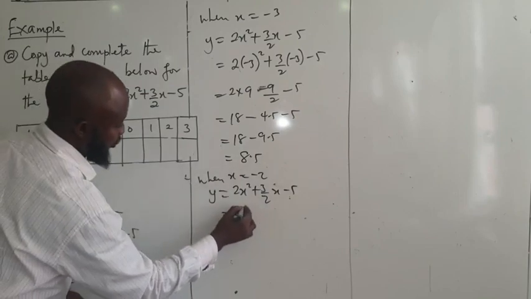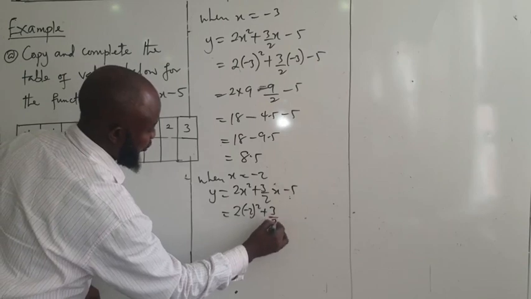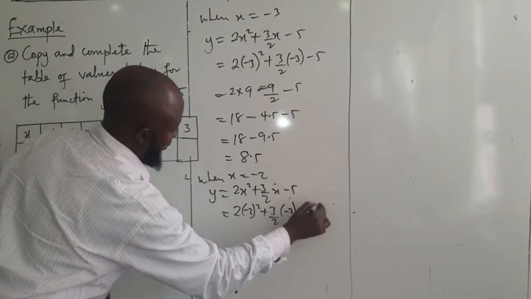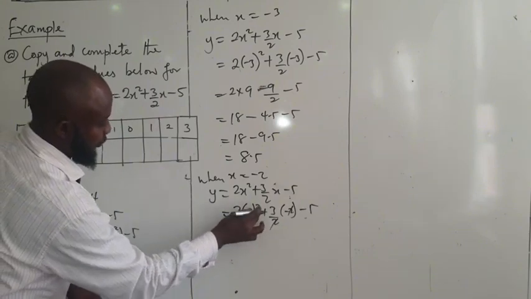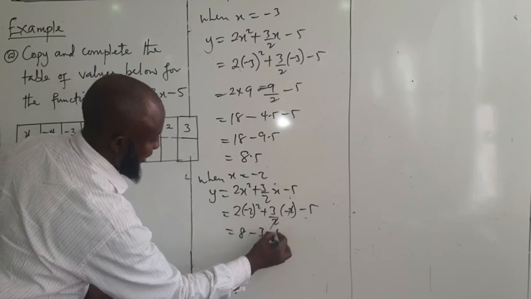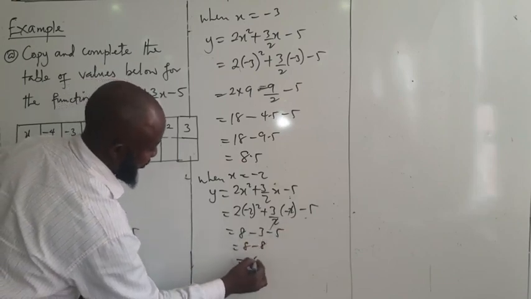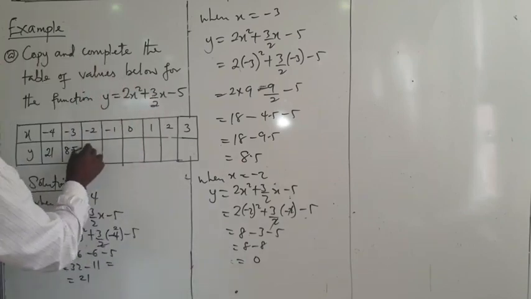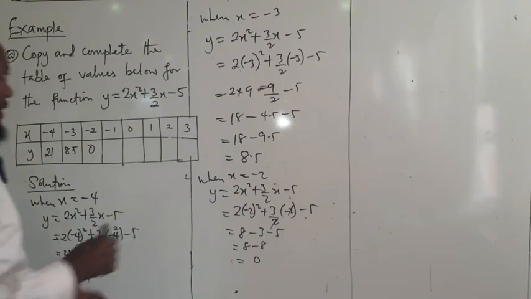That will be 2 into minus 2 squared plus 3 over 2 into minus 2, minus 5. Then 2 cancels 2. So this will give us 4 times 2, this is 8. And this is minus 3 minus 5. So 8 minus 8 is 0. So y equals 0 here. I hope this is very clear. Okay, so let's move to the next one.